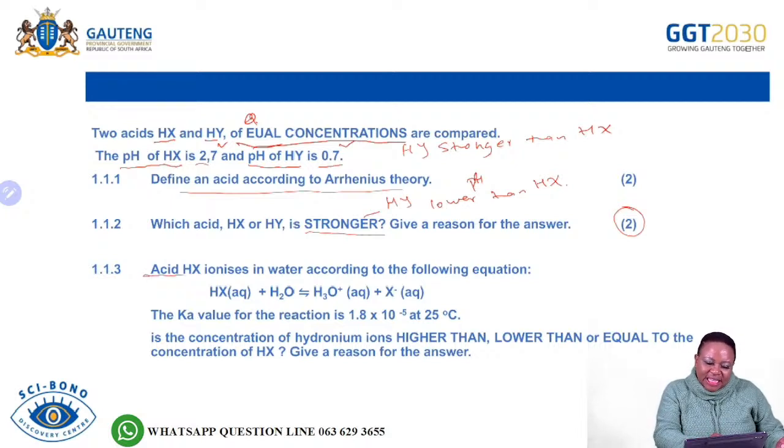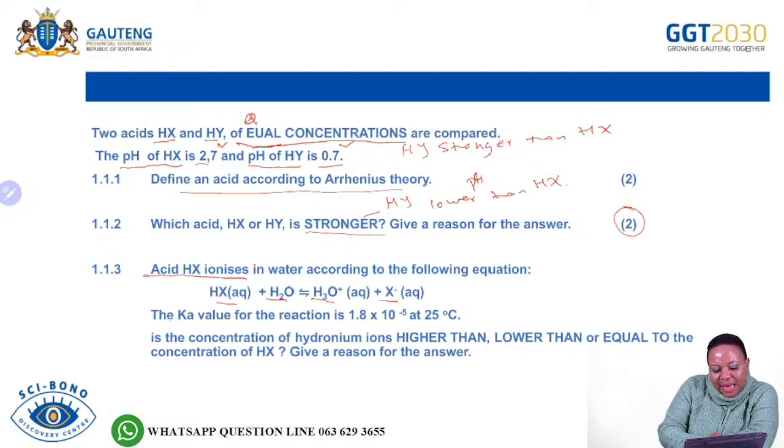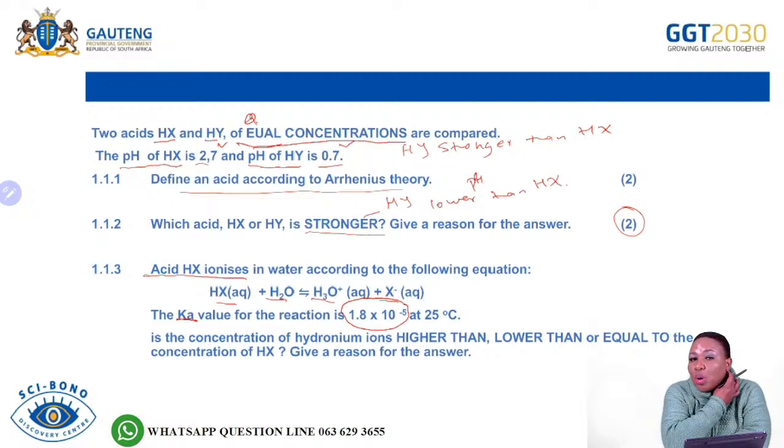Then acid HX ionizes in water according to the following equation. So you can see HX plus water gives you hydronium ions and X minus ions. Now you are given the Ka value, and when you look at the Ka value, the first thing you ask yourself is whether the Ka value is greater than 1 or less than 1.